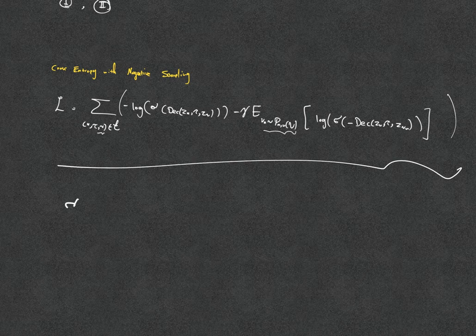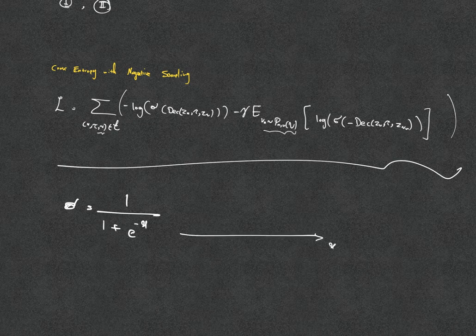Now note that sigma here is the logistic function, which can also be defined like this. If x approaches infinity, this value approaches 1, and otherwise it approaches 0, with the value being 1 divided by 2 at 0.